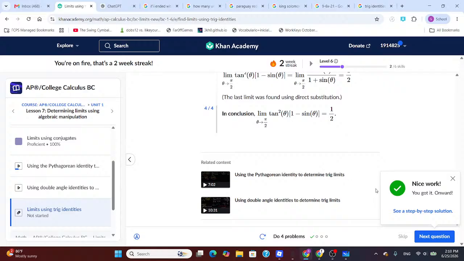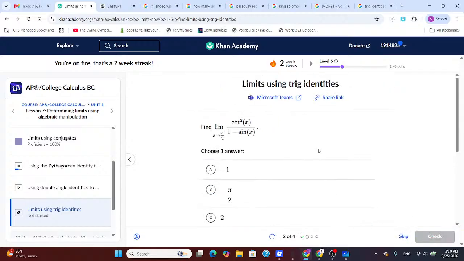Yeah, it's complicated and it's hard. Trig identities.